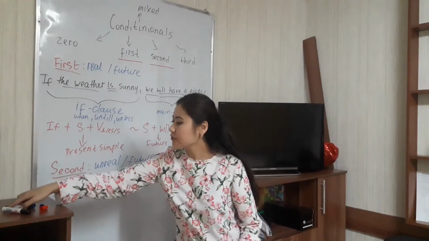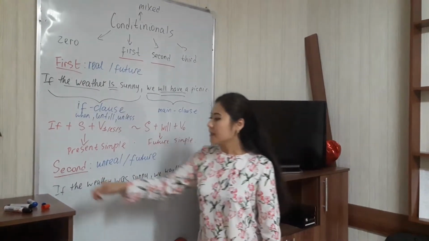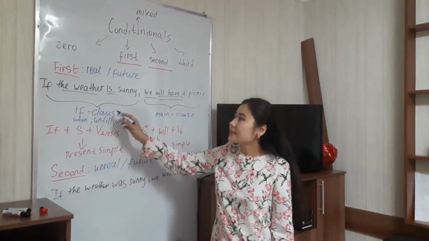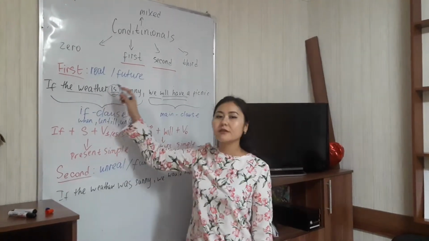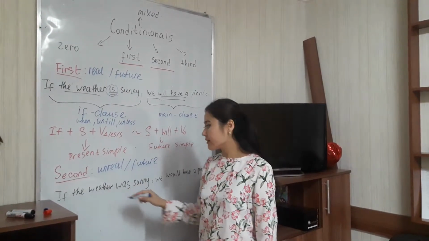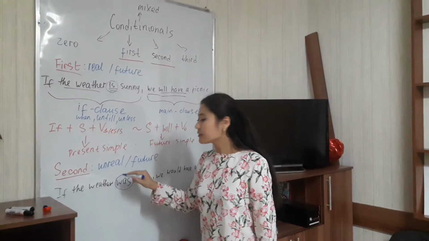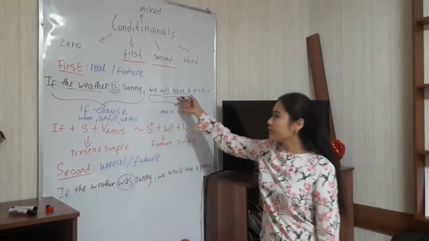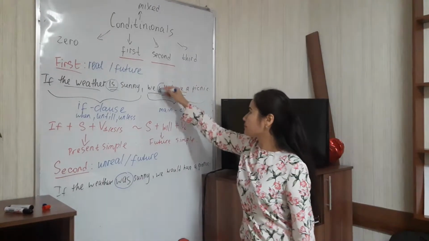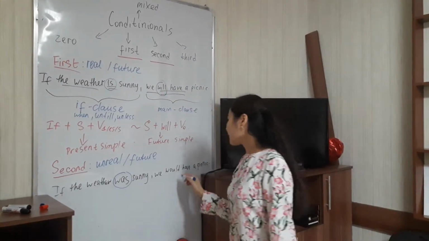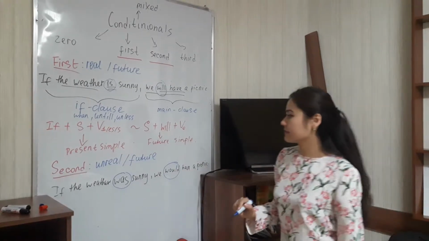If we turn back to the first example, it can be clearly seen that in the first, the weather is sunny. In the second case, the weather was sunny. In the first condition, we will have a picnic. In the second one, we would have a picnic.